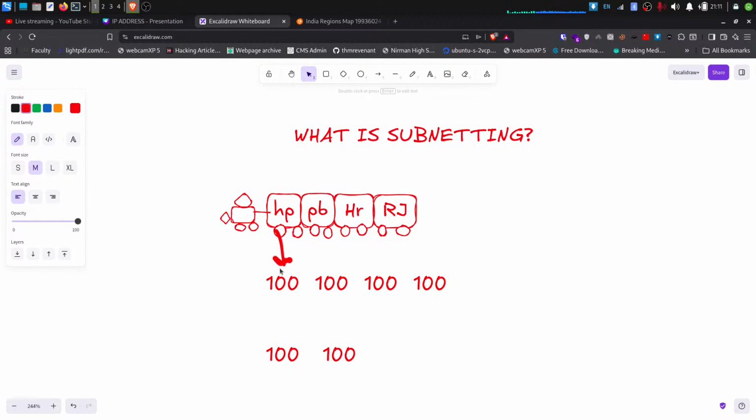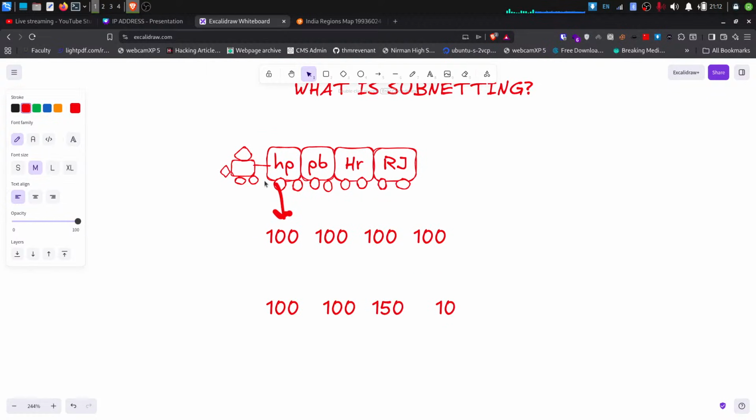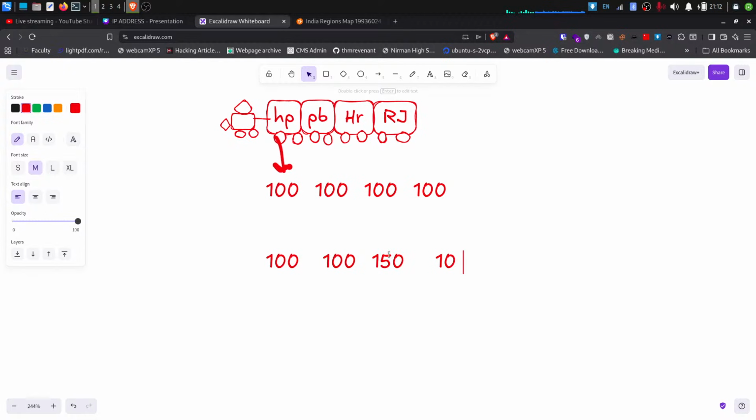In Haryana, we have 150 people waiting, and for Rajasthan, we just have 10 people, like 10 seats filled right now. So we actually have 50 extra people in Haryana.